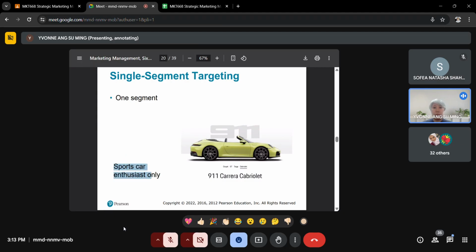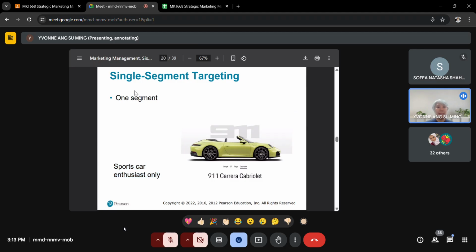And the segment that they chose is the sports car enthusiasts, which is why you can see that for the longest time, Porsche's cars have had high performance, a very performance related car, right? It can go very fast, accelerating very quickly in under 10 seconds, they can go very far, right? And you can also see the shape falls in with what is interpreted as a sports car, right?